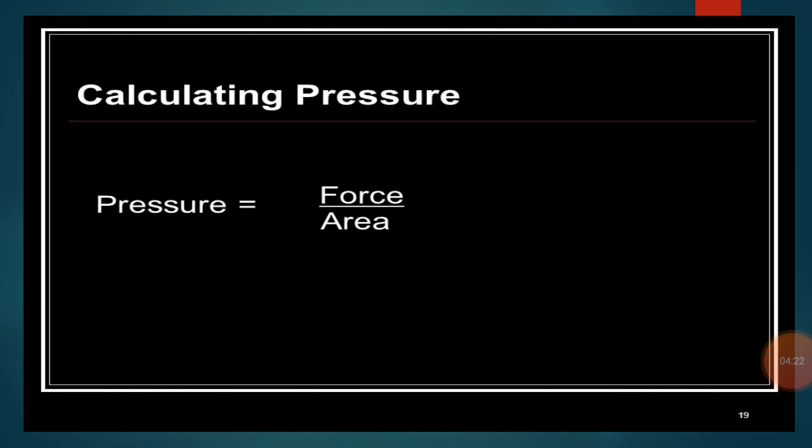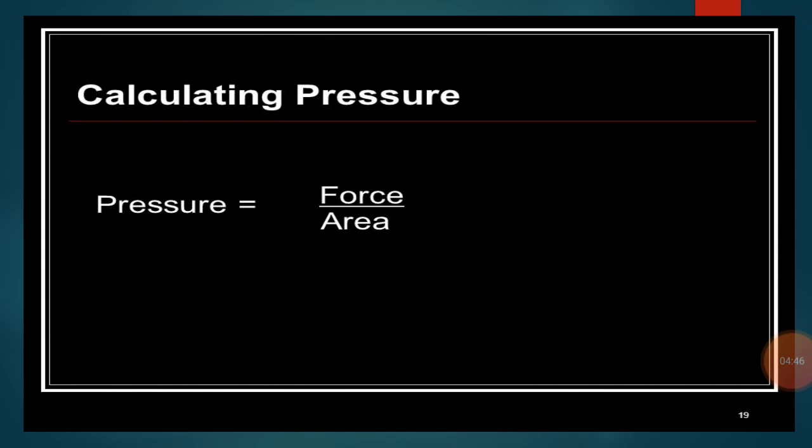It means that with an increase in area, pressure decreases, and with a decrease in area, pressure increases. And it is directly proportional to force. It means that by increasing the amount of force, the pressure will also increase. By decreasing the amount of force, the pressure will also decrease.